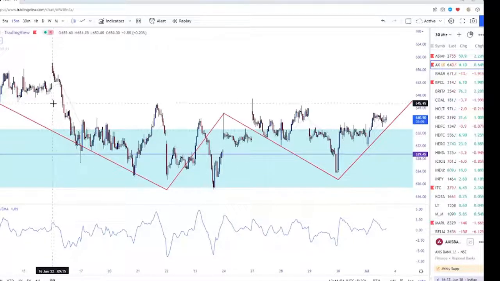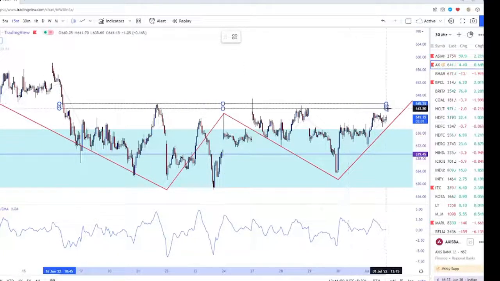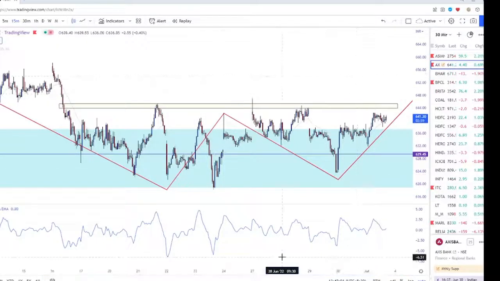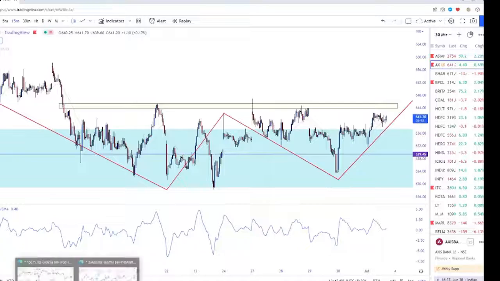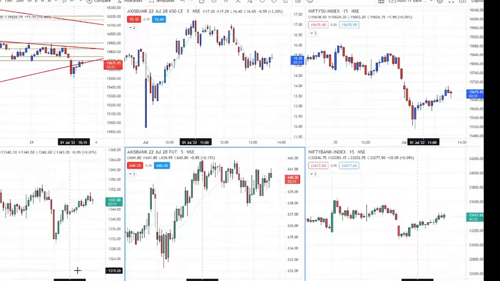So first of all, this is the Axis Bank 15-minute chart. You can see there is a clear resistance. That is a very good zone, because sellers kind of get activated around that area. So I'm aware of that, and price is very close to that level, so any moment bears can come.